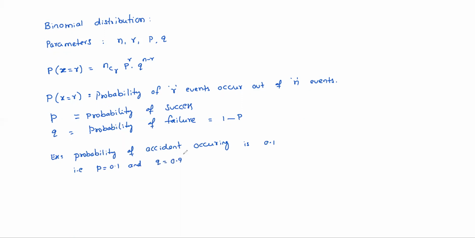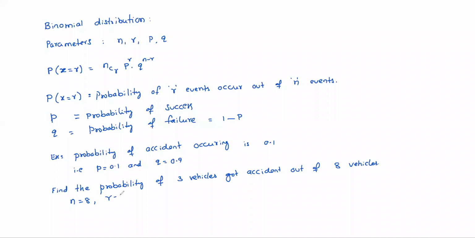Okay, now the question is, find the probability of 3 vehicles getting into an accident out of 8 vehicles. Okay, so here n is 8, r equal to 3.